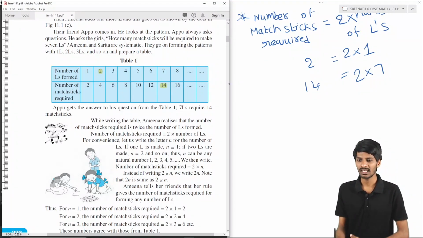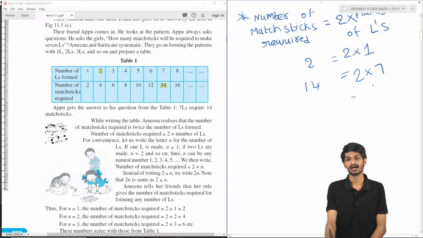Like that, if you want 8 L's, then what we have to do is 2 into 8, which is 16.